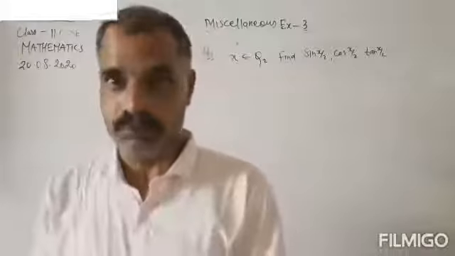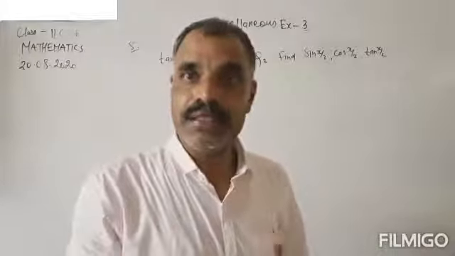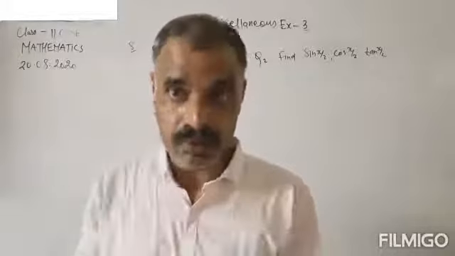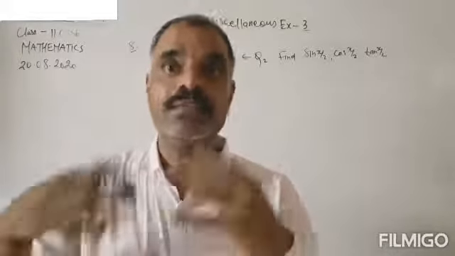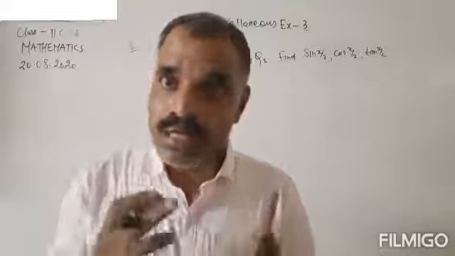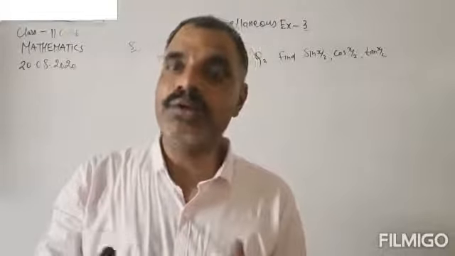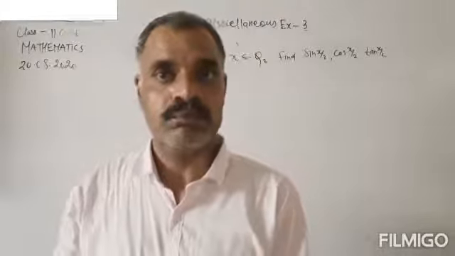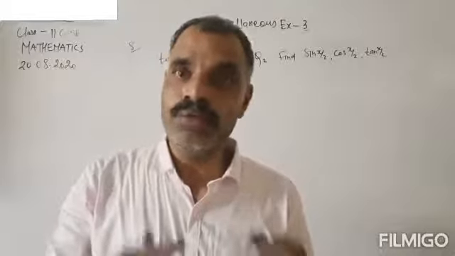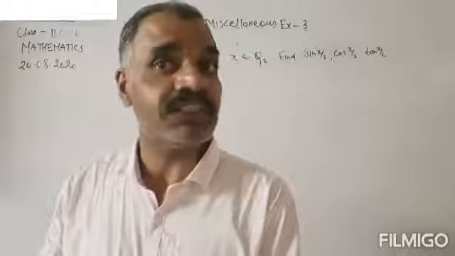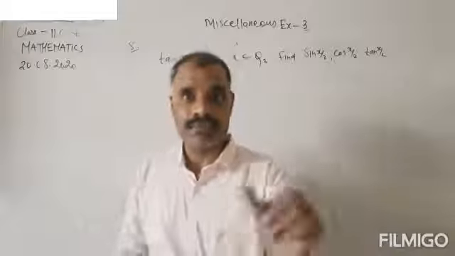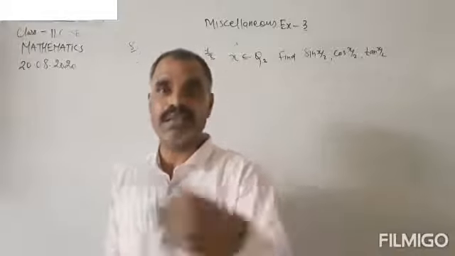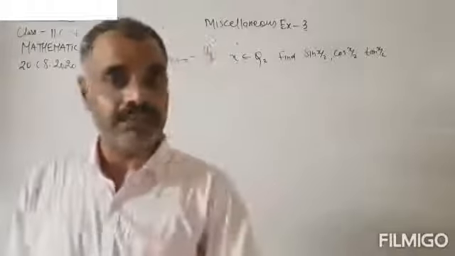It means x by 2 lies in pi by 4 to pi by 2, and pi by 4 to pi by 2 means first quadrant. When x lies in second quadrant, x by 2 lies in first quadrant.